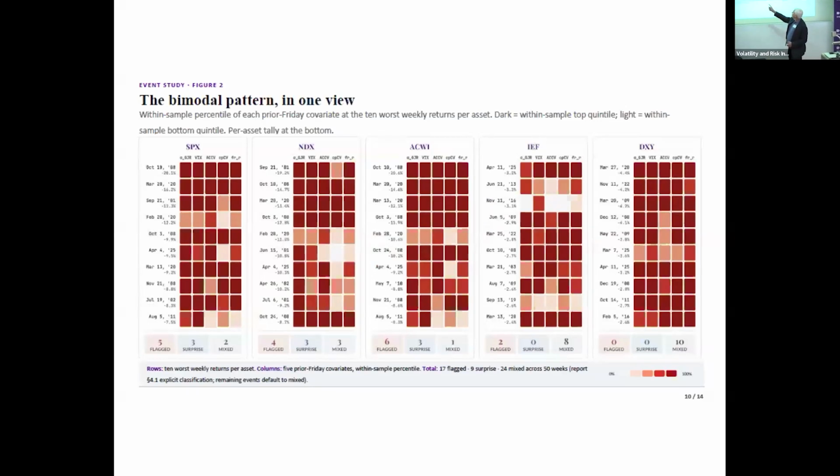And across each row, we've color-coded for the 5 measures of risk that we're interested in: the volatility, the VIX, the GARCH volatility, the asset class COVOL, the composite COVOL, and the fraction red.